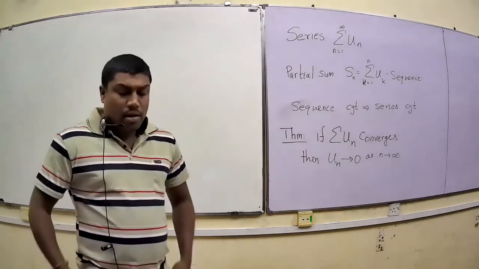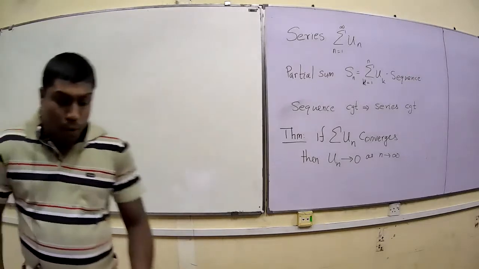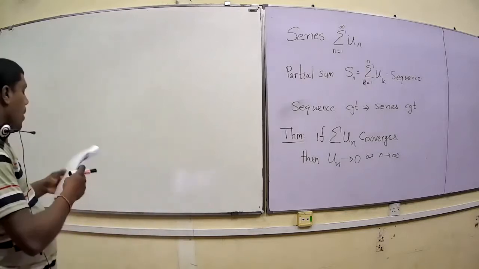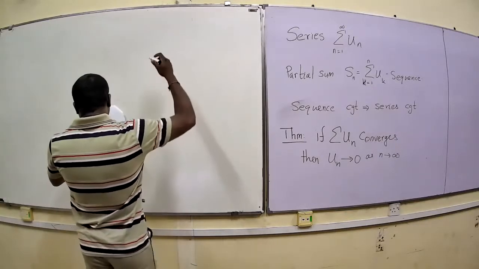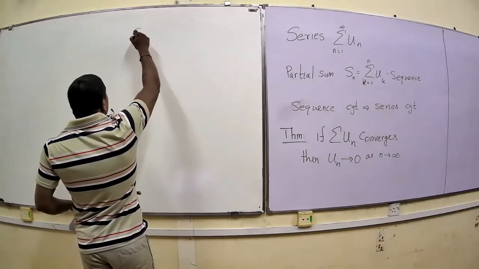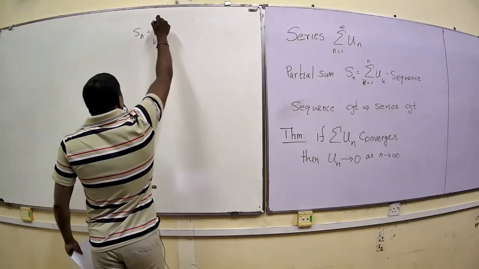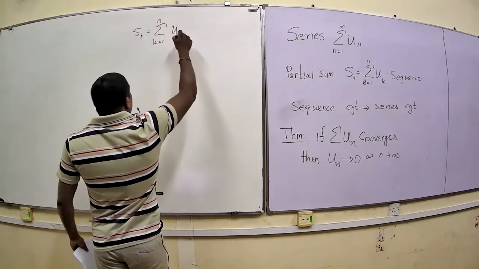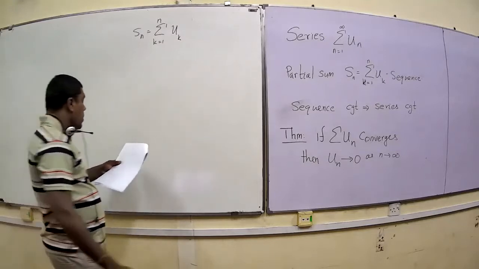The last term in the summation will converge to zero. In order to prove this, we just use the properties of sequences. So first, obviously, you define the partial sum. So this is your partial sum.